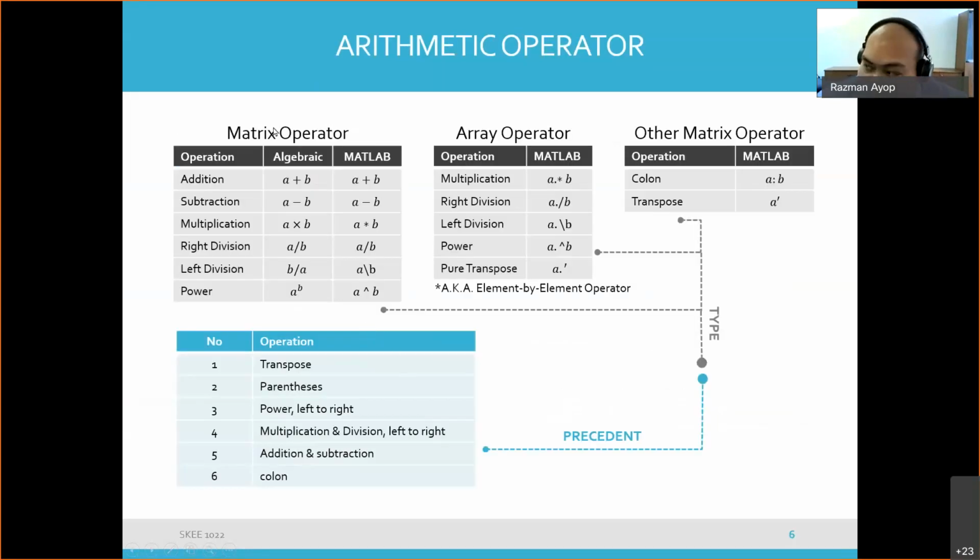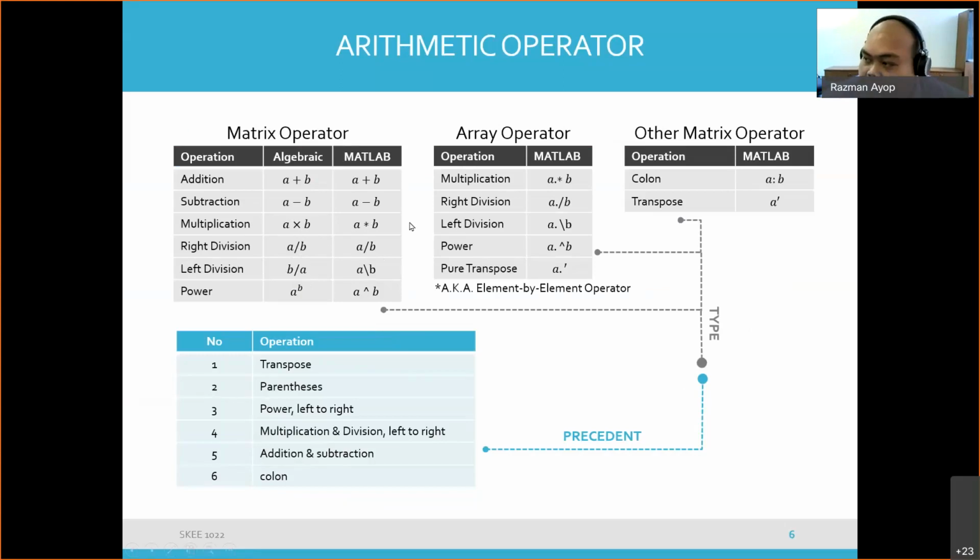For matrix operation, you can add, minus, multiply. For multiplication, you use the star button, which is shift 8 or on your number pad at the top. For division, you can use the same symbol, and left division means that A divided by B.